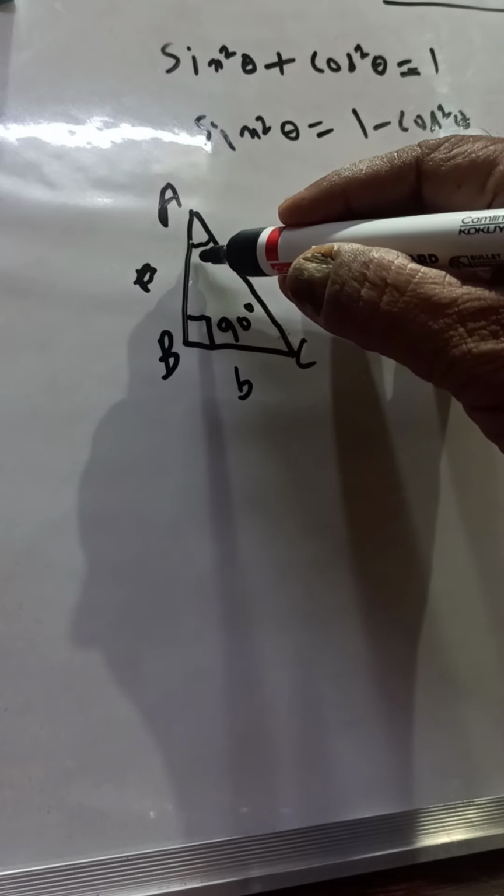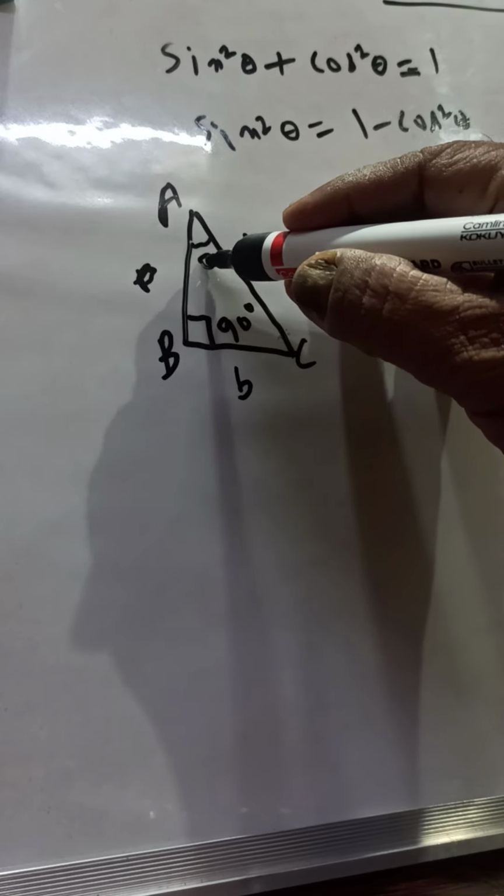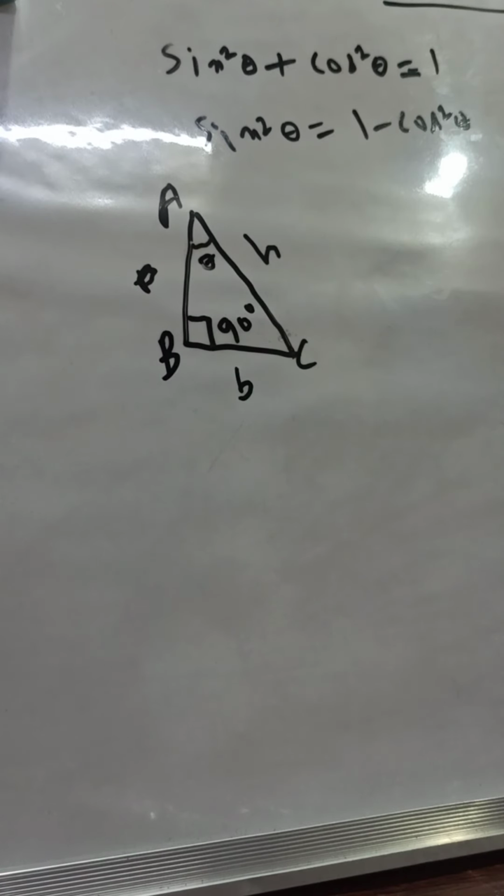Let us call it theta. Sin theta, or you can just call it sin A, as in your NCERT book. Sin of A, the side opposite to angle A by the hypotenuse, is equal to BC by AC.